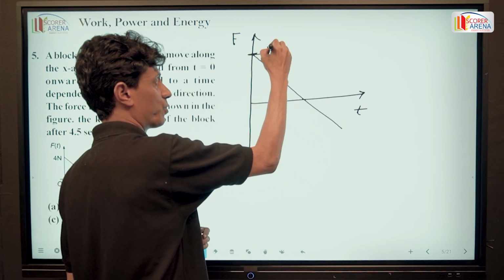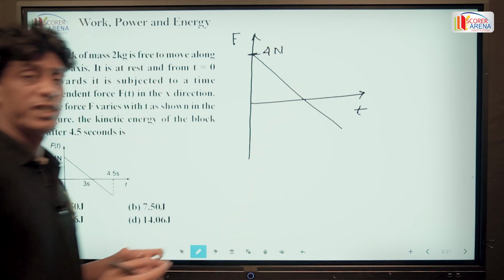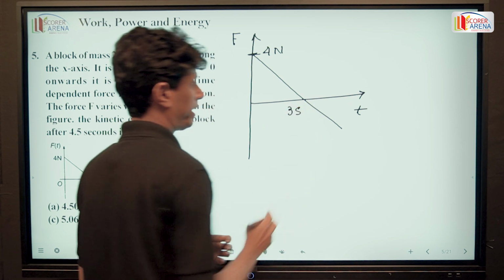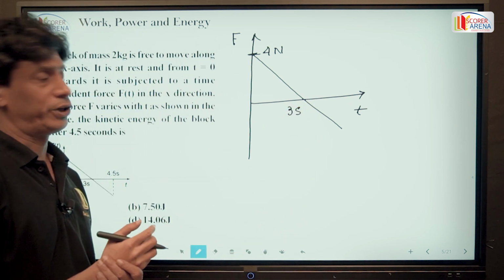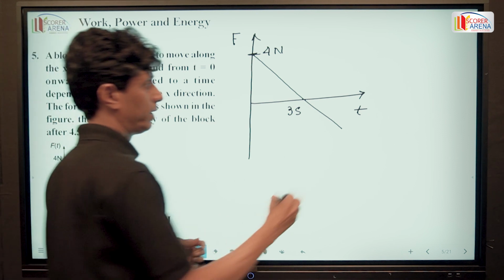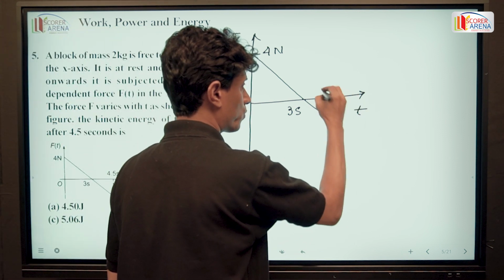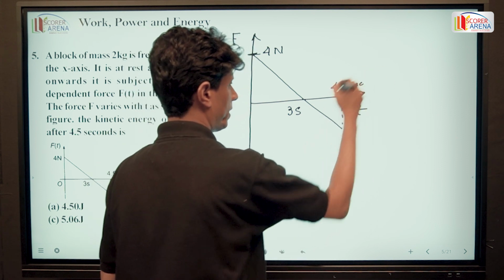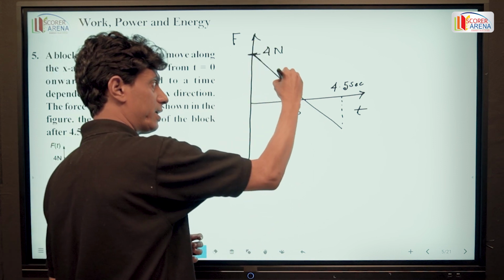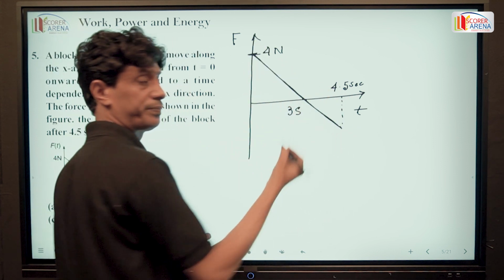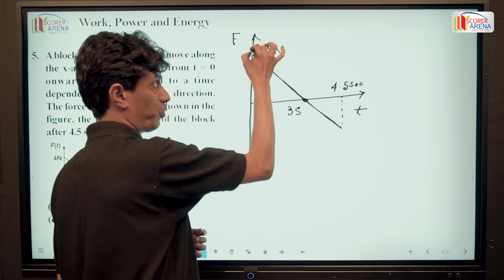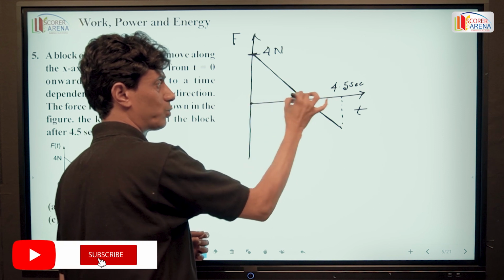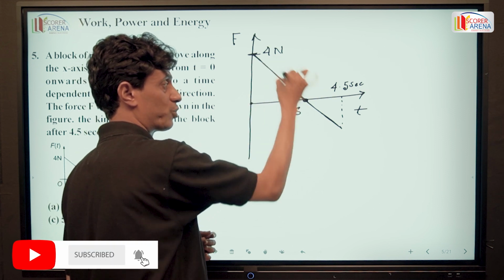The initial force acting on the body is 4 Newton, and after 3 seconds the magnitude of force on the body becomes 0, and then it continues for a further 1.5 seconds, that is up to 4.5 seconds. Since this change is linear, continuously changing from 4 Newton to 0 Newton from 0 seconds to 3 seconds, after 3 seconds the force becomes 0.